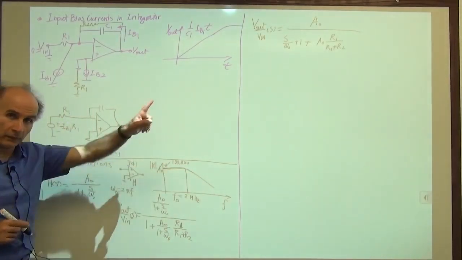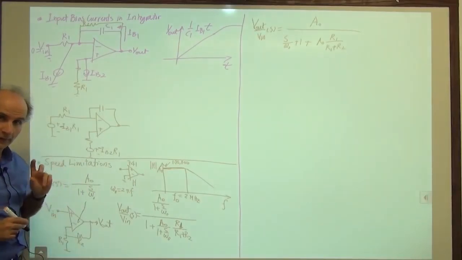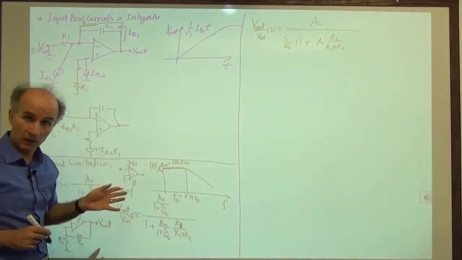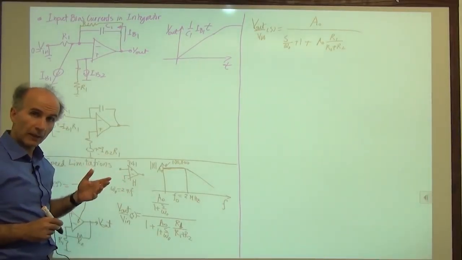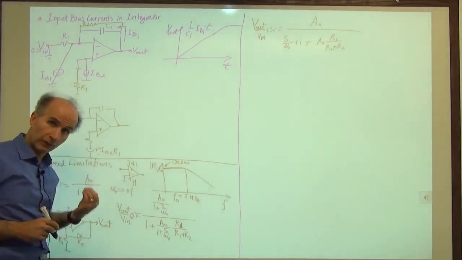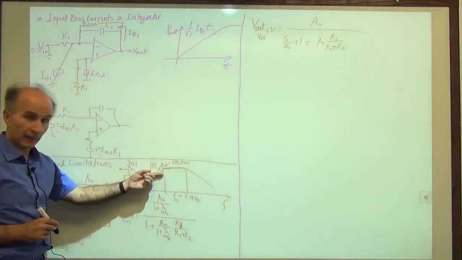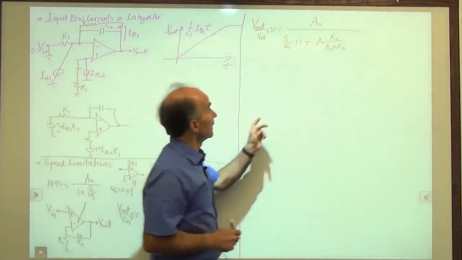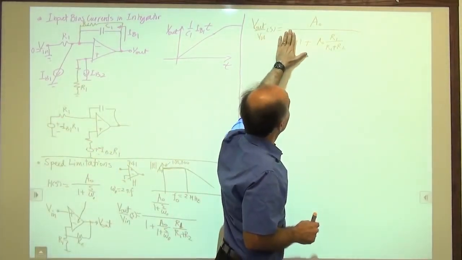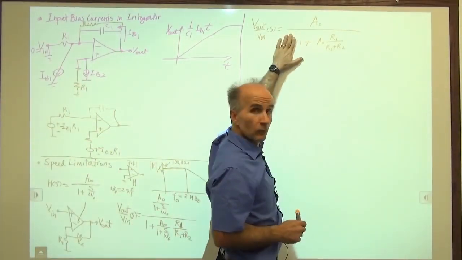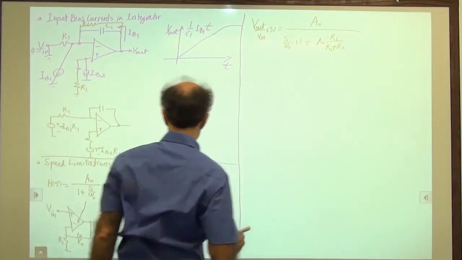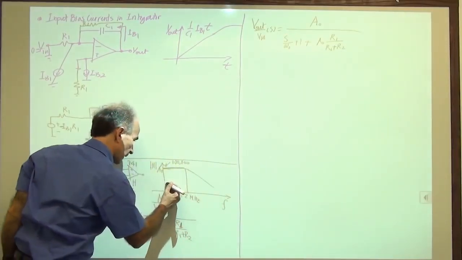Okay, now let's go back to that circuit. And first, assume the frequency is very low and see how much gain we get at low frequencies. Here we had 100,000, A0. Here, if S is very small, we get this. So let's just write it out. So this is what we have. The gain is lower.